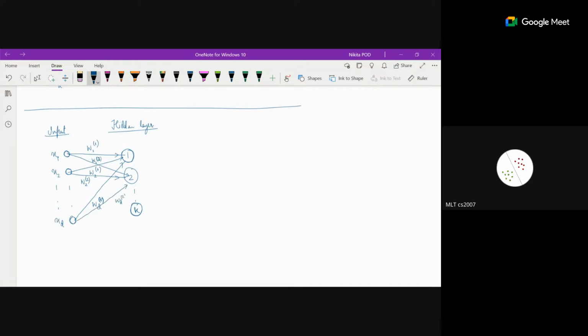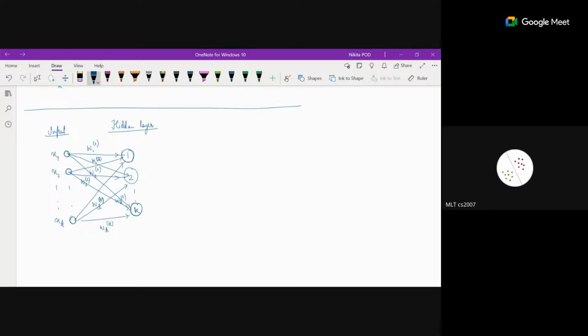Similarly, you can do it for the Kth neuron, and the weight associated with this will be WD for the Kth neuron. So these are the weights you have for different data points and different neurons. This layer we are calling the hidden layer.